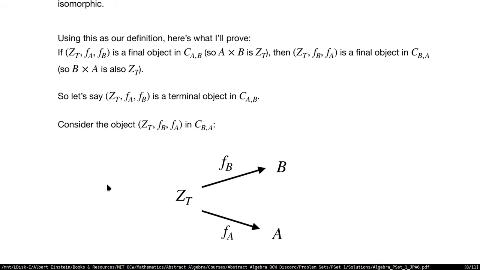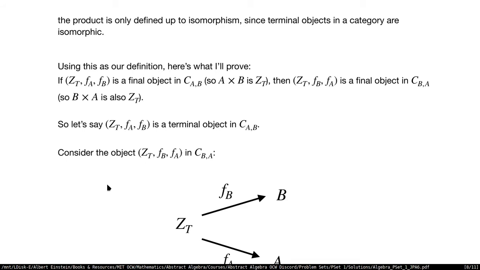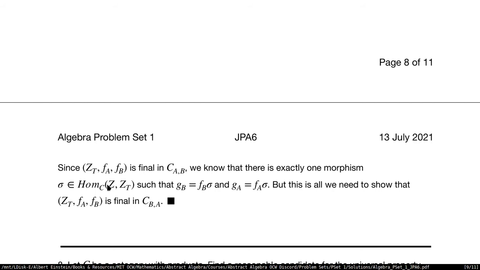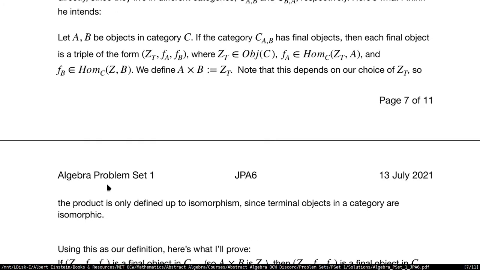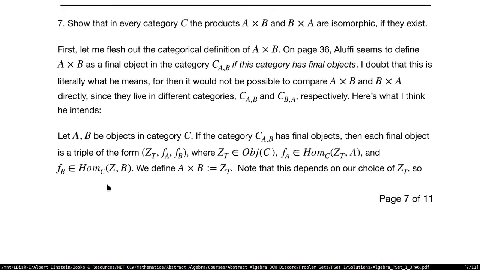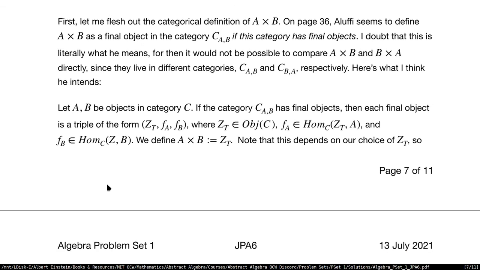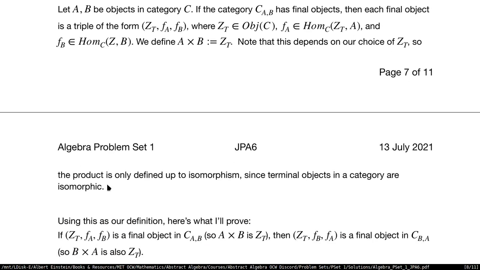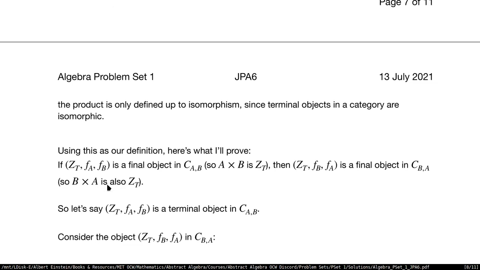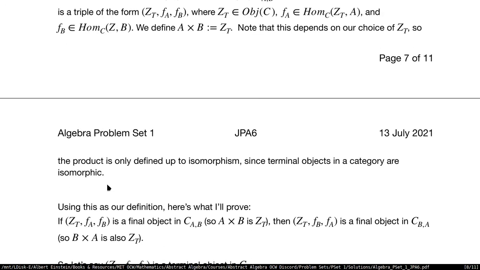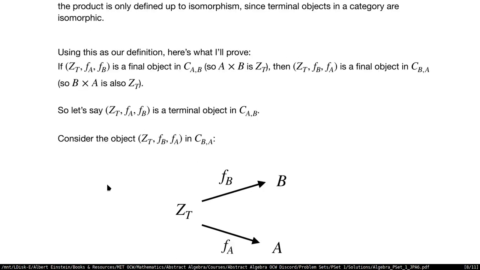So he considers C_BA and C_AB, for B cross A and A cross B. He showed that this triple is final in C_BA. So you just show that it is the final object in C_AB and also in C_BA, and then you're done.